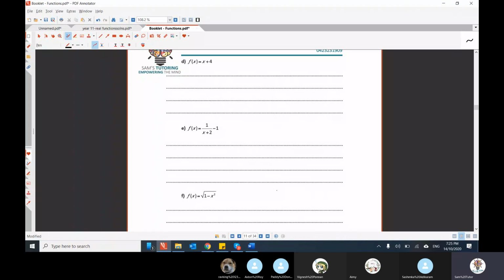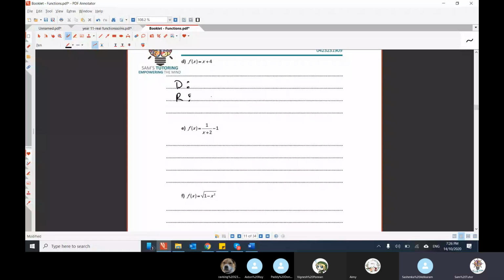There should be a form. I don't think it's in the calculator, but okay. I think the first one's easy. Someone quickly, domain and range. Domain is all real x, and range is y is greater than or equal to 4.